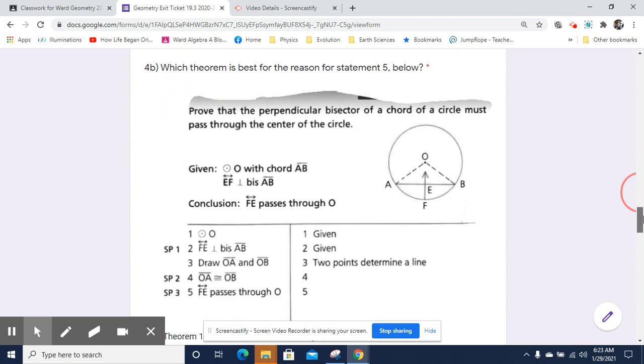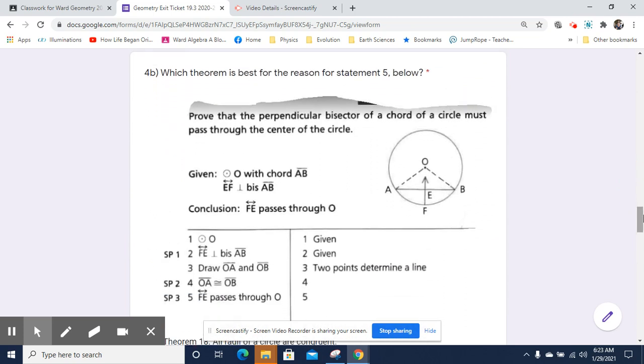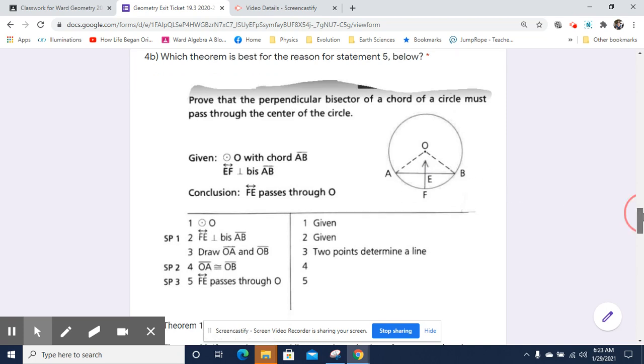Now 4B continues to statement 5. Now we're saying FE passes through O. Well, O is equidistant from the endpoints. And we're trying to determine that this FE goes through it, that O lies on that FE, the perpendicular bisector, and O is equidistant from the endpoints of the segment that we're dealing with.